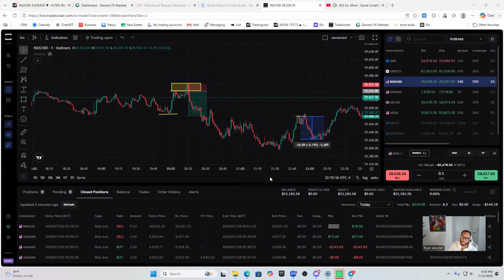Yes, so you can use Trade Locker on the phone pretty seamlessly. Let me see if I can share my screen on my phone and show y'all some examples really quickly.